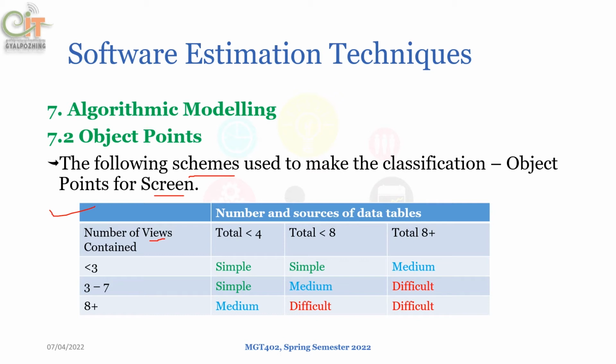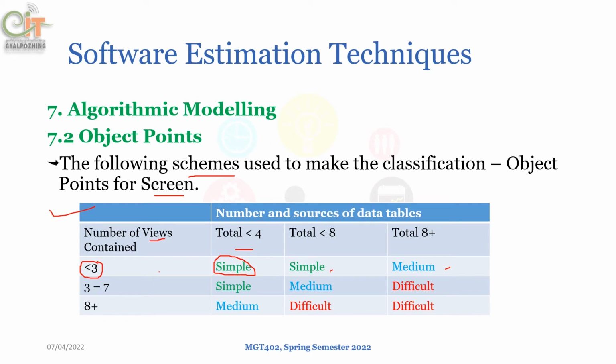So let's say if a particular screen contains less than 3 views, with the total source data tables less than 4, then you can categorize it as simple. And for the same number of views, if the data table is less than 8, it's categorized as simple, and if more than 8, then it's categorized as medium.